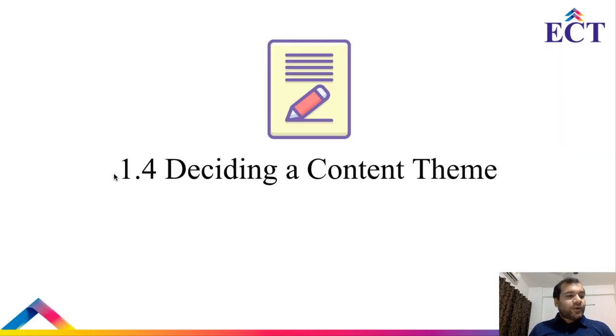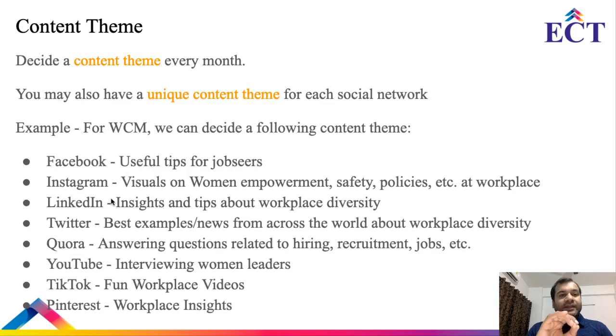Then deciding a content theme. This is the theme that you decide, okay, before you start posting. So every month you have to decide a content theme. Content theme is a topic around which you will post your content, right?